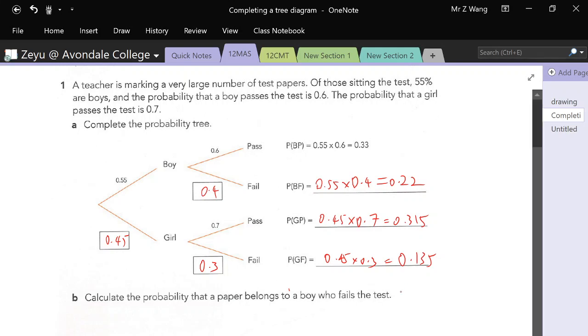In English we can write it in many different ways, but in math we only have two logics: is it "and" or is it "or"? And is it conditional or is it unconditional?